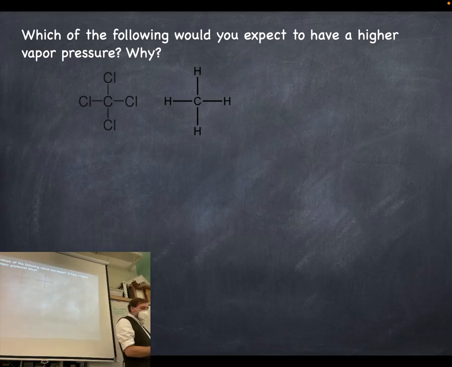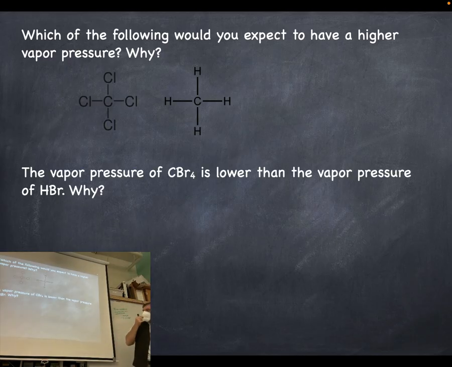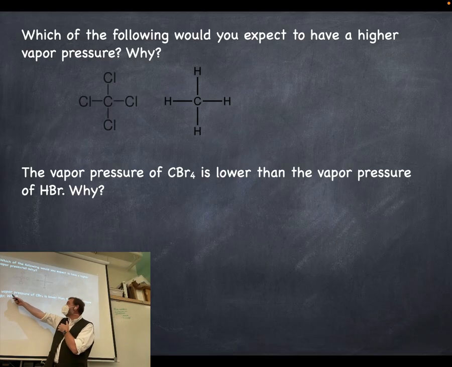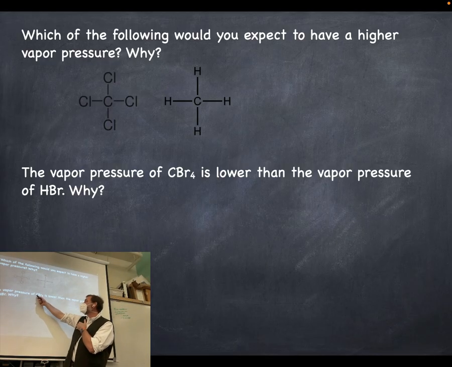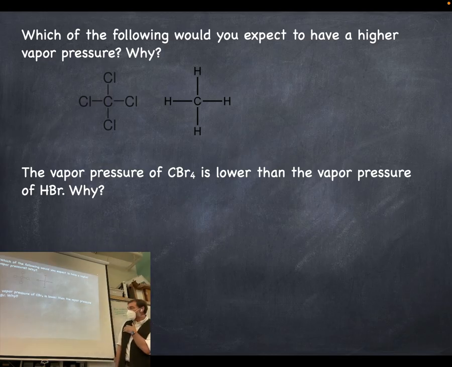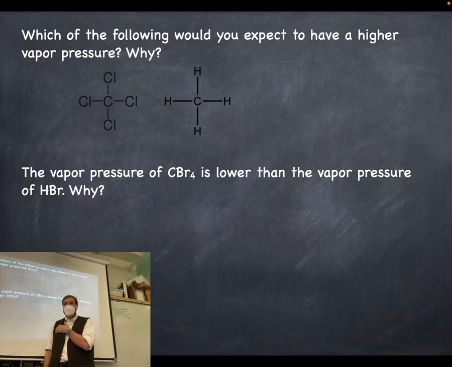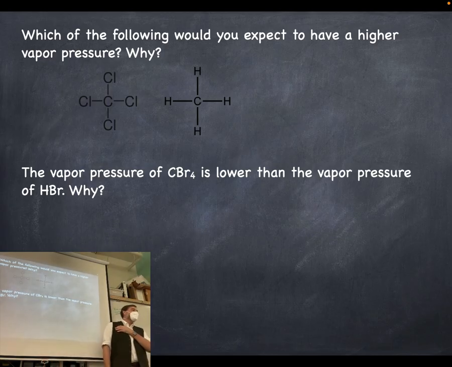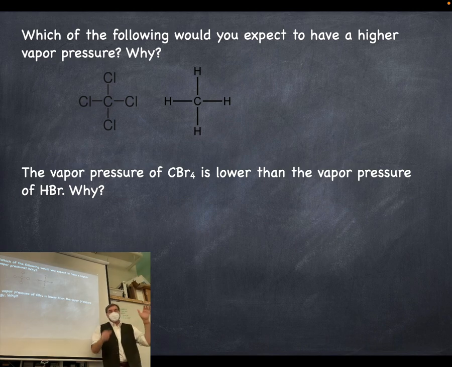All right, one more example. The vapor pressure of CBr4, carbon tetrabromide, is lower than the vapor pressure of HBr, hydrogen bromide. Why? This is a question that's asking you to explain why. I'm not going to ask you to answer right now.